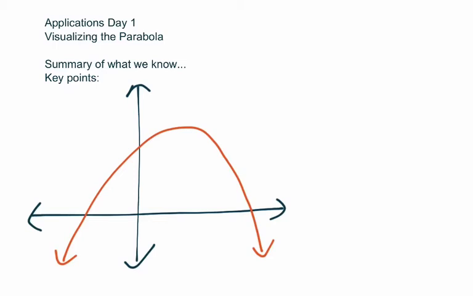For example, right here that I'm highlighting in blue, we have the y-intercept. Remember, the definition of the y-intercept is the point where the graph crosses the y-axis. There is only one. Then we have the x-intercepts, and a parabola would have 1, 2, or none of these.